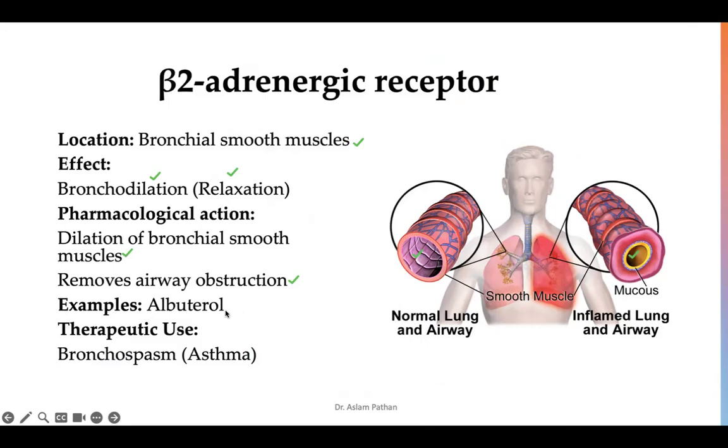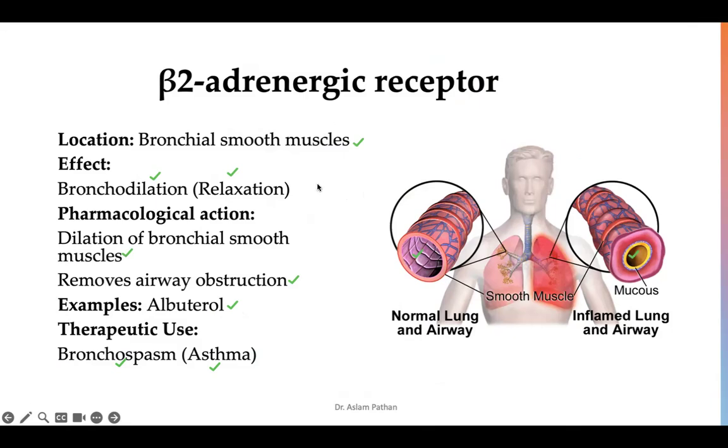The drug most commonly used is albuterol, or another name for albuterol is salbutamol. Therapeutic use of beta-2-adrenergic receptor activation is in the treatment of bronchospasm or in the management of bronchospasm or asthma. So beta 2 receptor is located in the bronchial smooth muscle, and activation leads to bronchodilation.